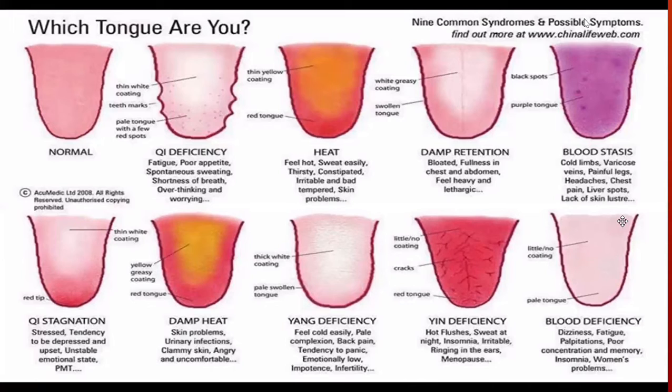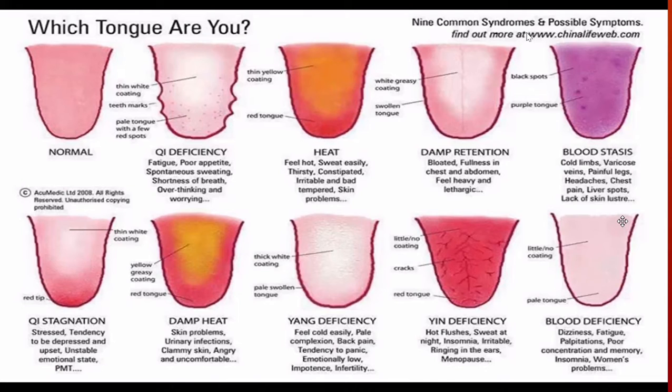If you have yang deficiency, your tongue will look like this. If you have yin deficiency, it looks like that. And if you have blood deficiency, it looks like that also. I will be giving these slides to your president or whoever is in charge of you after the lectures, so that you will have a copy.